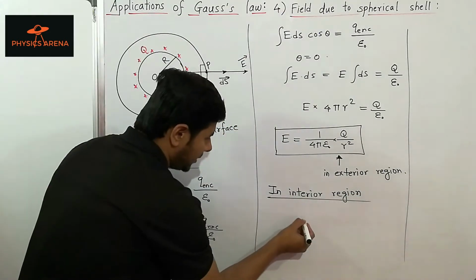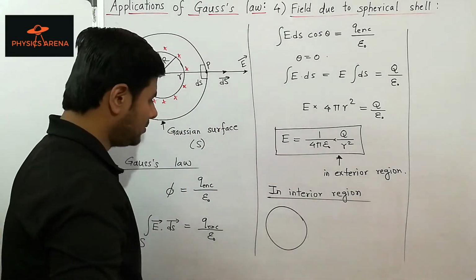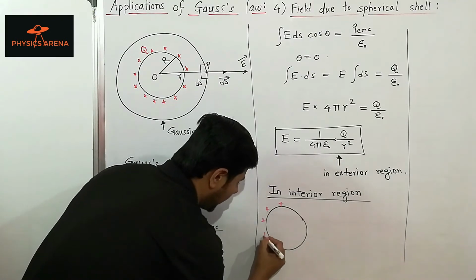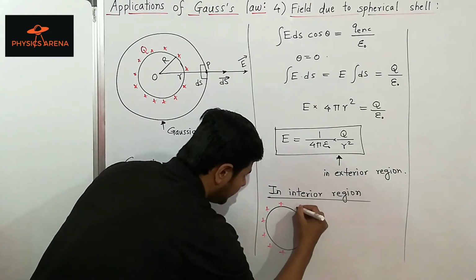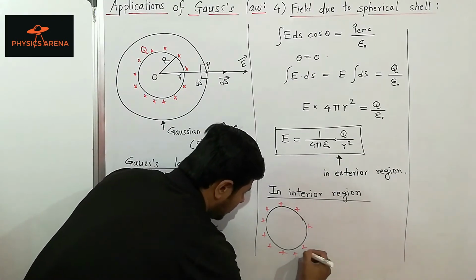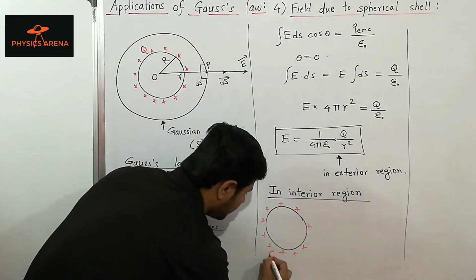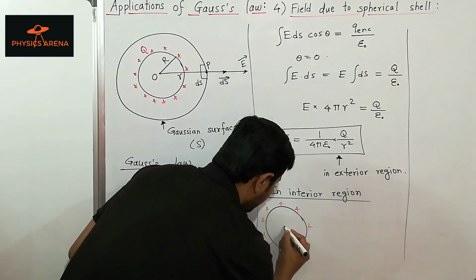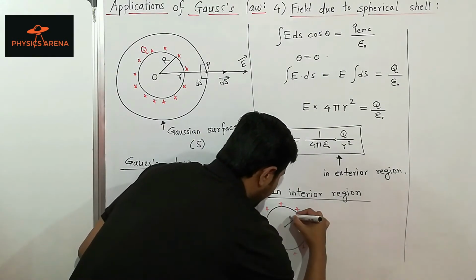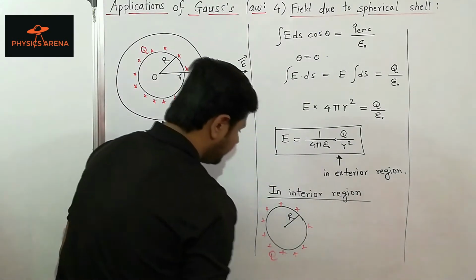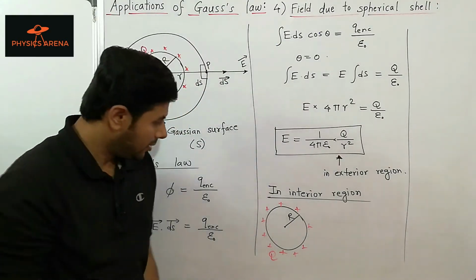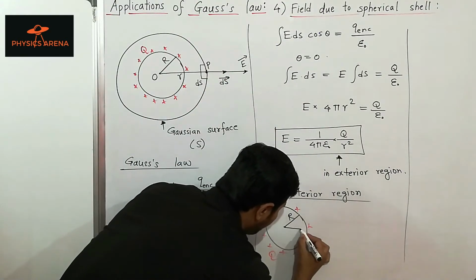Again, let's consider that this is our spherical shell and this is the positive charge uniformly distributed all over the surface. Charge is Q. It has got radius R, and we want to find out its electric field at an interior point.